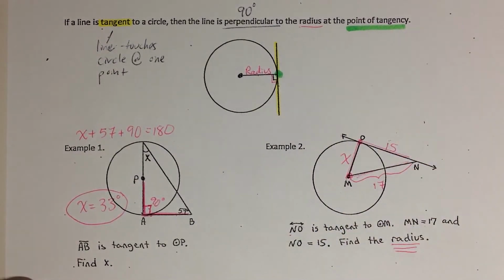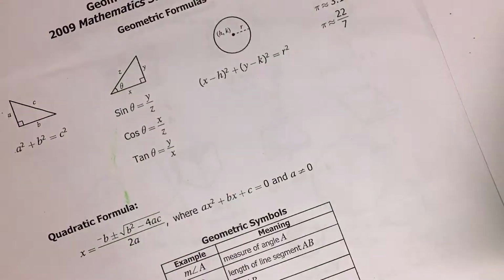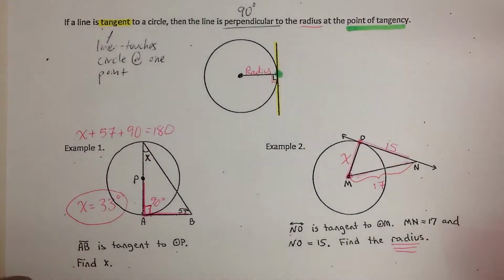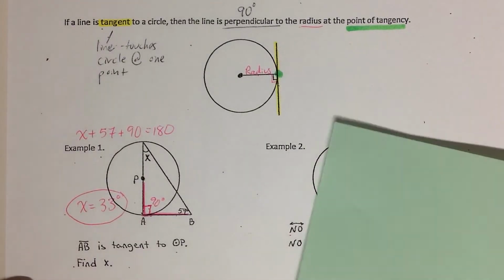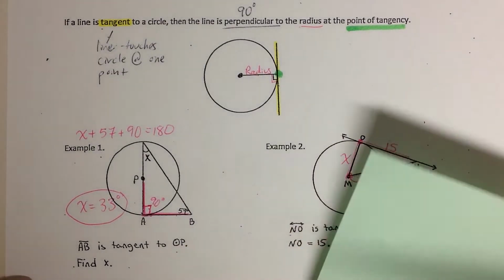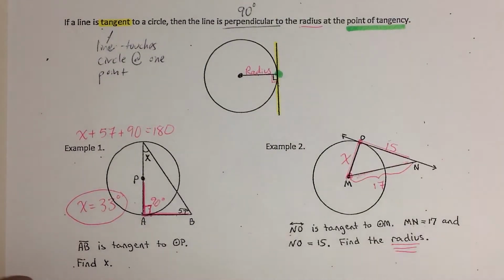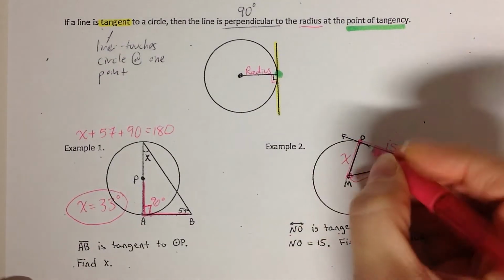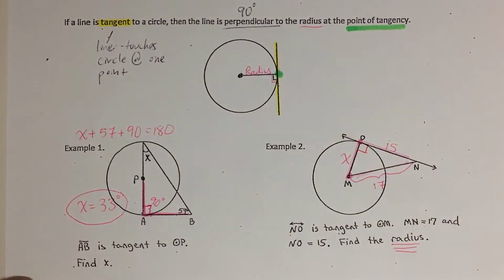If it was a right triangle, I'd be able to use Pythagorean theorem, right? So, is it? Take another piece of paper, put it up there. Does that seem right? How would I know that's a right angle? They didn't tell me that. Oh yeah, that's a radius, that's a tangent line. Yeah, there's a theorem that says that.